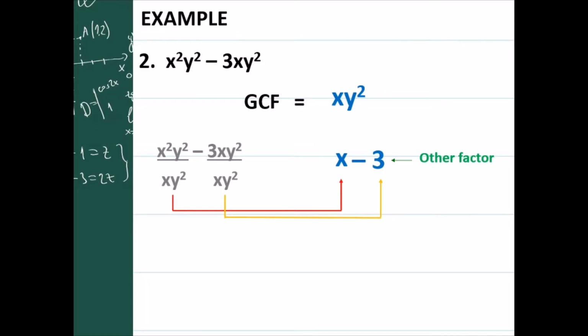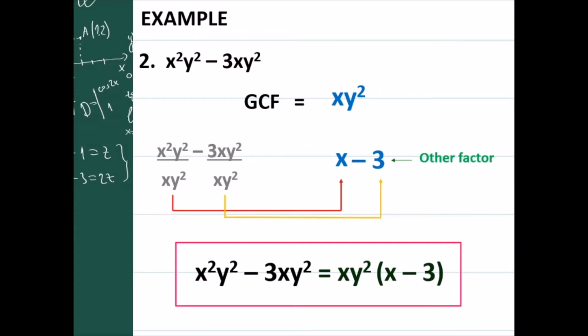So therefore, the factored form of x squared y squared minus 3x y squared is x y squared times the quantity x minus 3. To check, let's multiply x y squared times x and x y squared times negative 3.